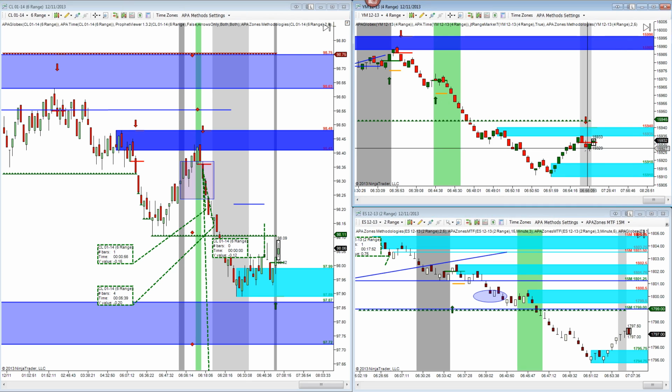Okay, I feel like YM is kind of respecting that zone that was just put in play. See all that consolidation over there on the left? So let's see if we get a retest of the low here.